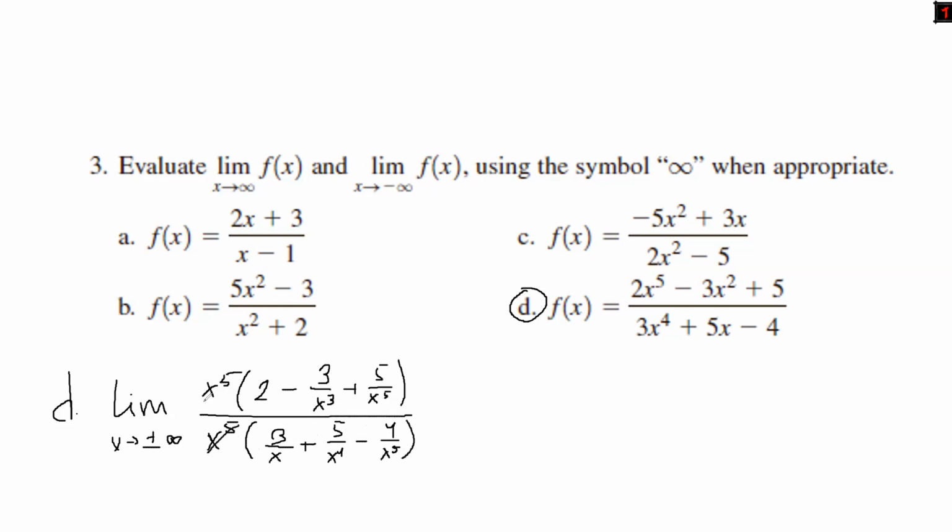Now you simplify it, and in the next step you see that this turns into 0, this turns into 0, as well as all of the terms in the denominator. And we end up with 2 divided by 0, which equals undefined.